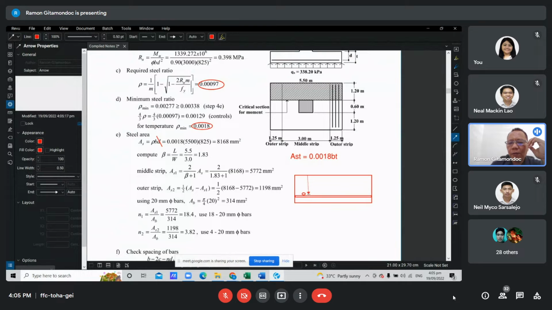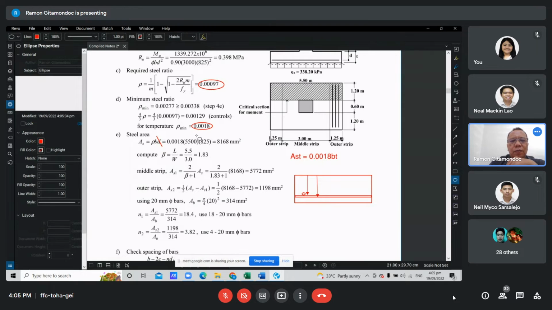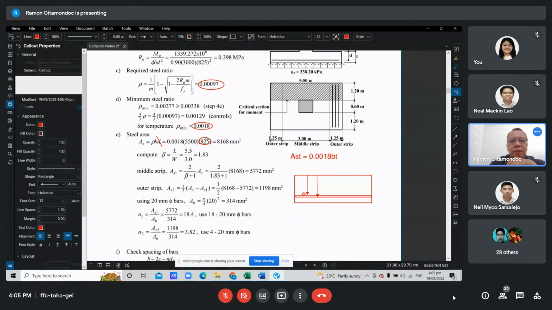But again, as I already noted, instead of 825, just make this correction here, since temperature will govern. Use the thickness.